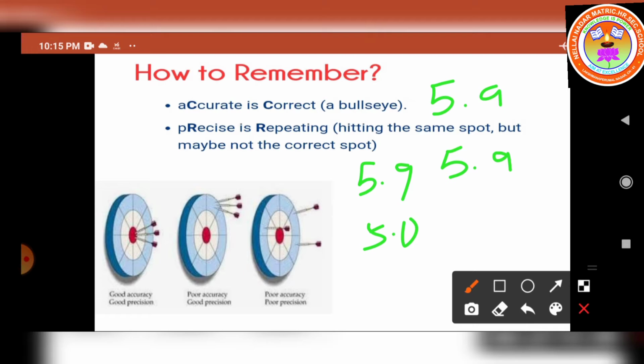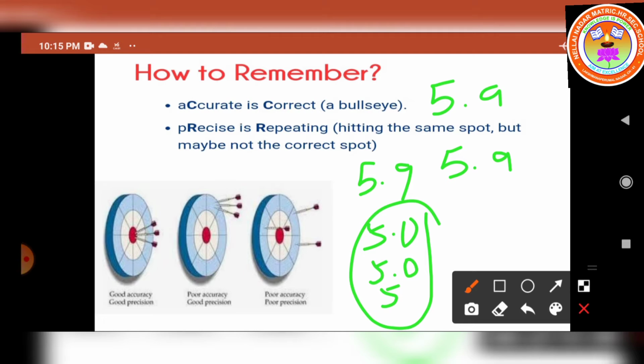So, if a measurement is precise, that does not necessarily mean that it is accurate. However, if the measurement is consistently accurate, it is also precise. Suppose you measure your height with the help of the yardstick and it gives the same reading, 5 inches, every time. So these values we have to take as what? The precise reading.